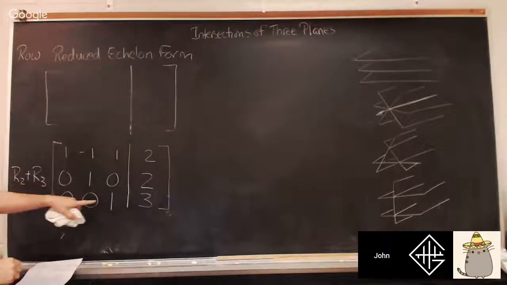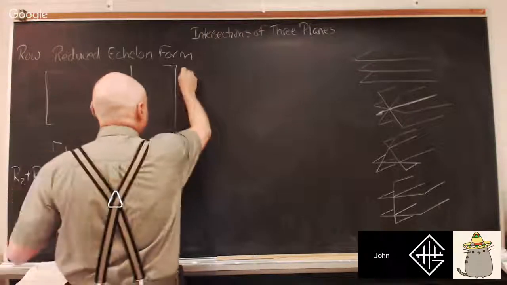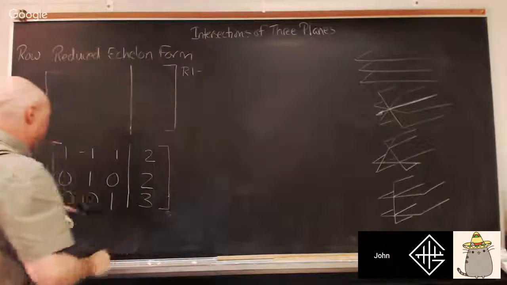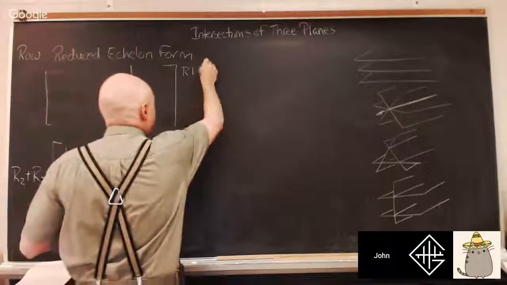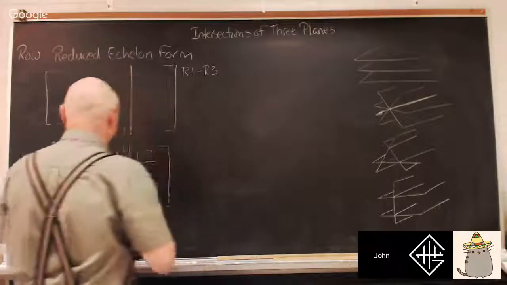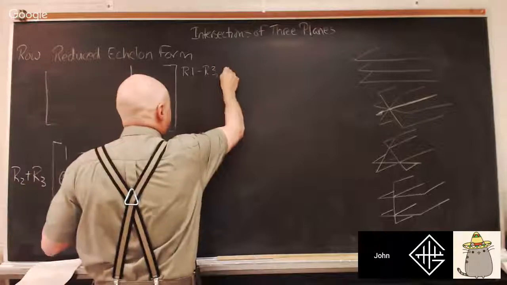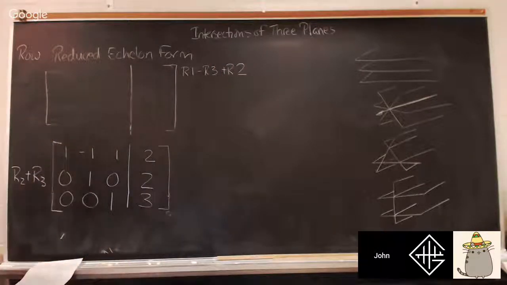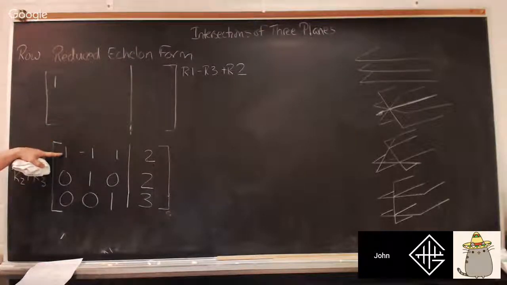So I can do row 1 from down here, and I can subtract row 3, and I can add row 2. I'm going to do this all in one sweeping action. Okay. So, oh, maybe I shouldn't.